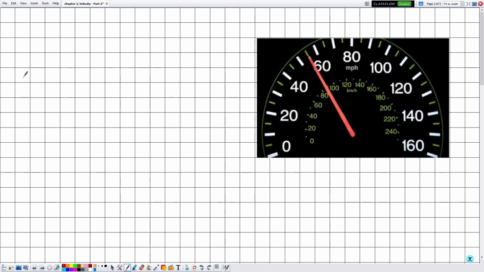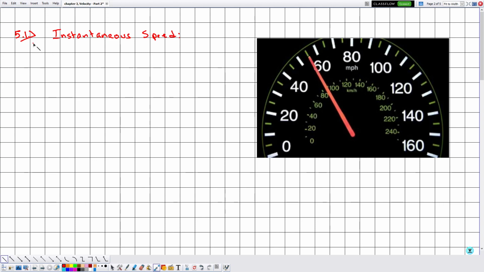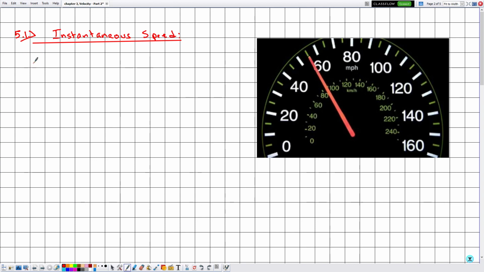Section 5.1, instantaneous speed. It is the speed measured by the speedometer.